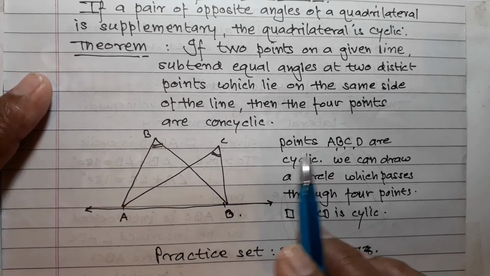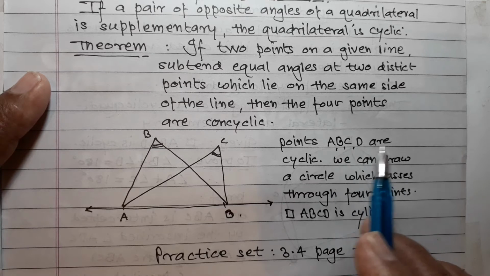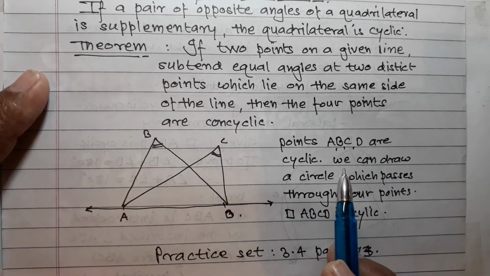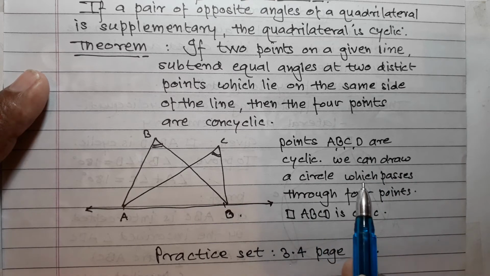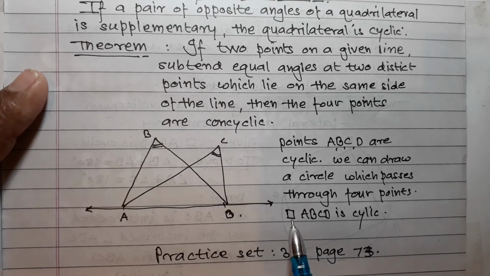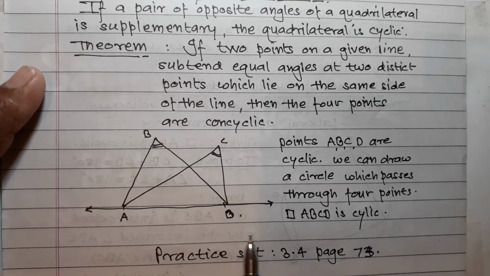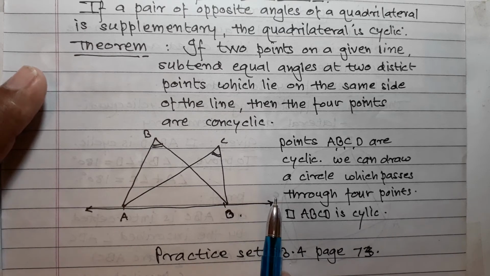Points A, B, C, D are cyclic. We can draw a circle which passes through the 4 points. Quadrilateral ABCD is cyclic. So you understand this.